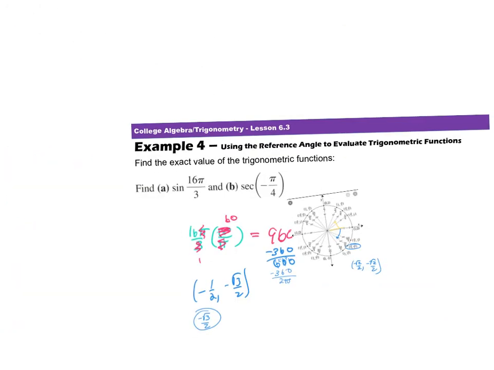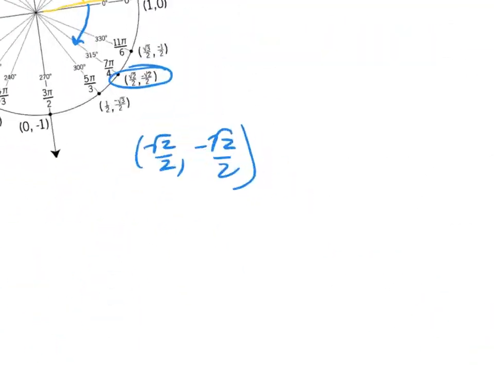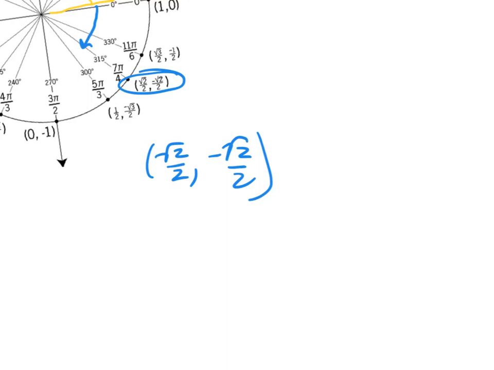And they're asking for the secant. Oh, geez. Secant is what? Secant is the reciprocal of cosine. You're right. Cosine is what value? X. So secant would be what? What's the reciprocal? 1 over x. Good. Very good.